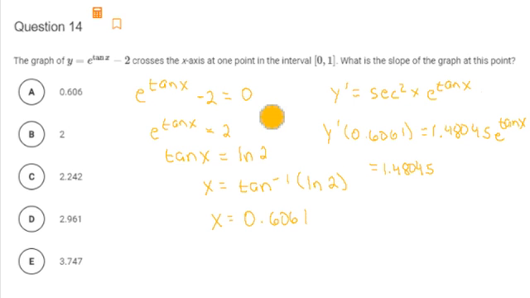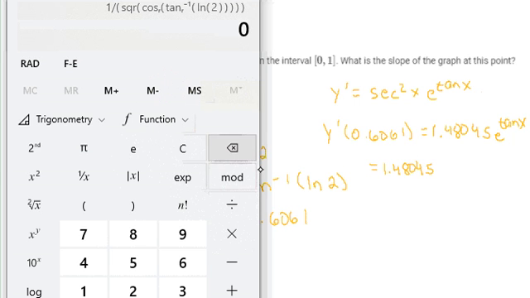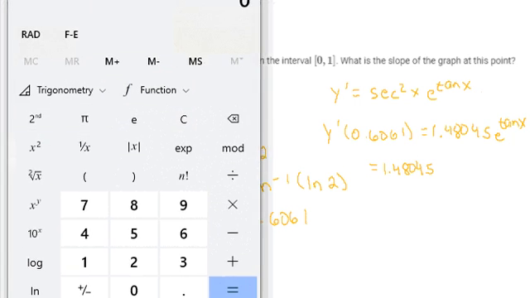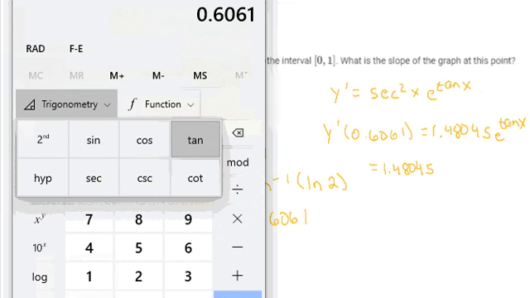So now back to our calculator, let's look at tangent x. Let's clear this, and we need the tangent of 0.6061. I could have stored it, but I didn't feel like doing all that. We want the tangent of that, still in radian mode.